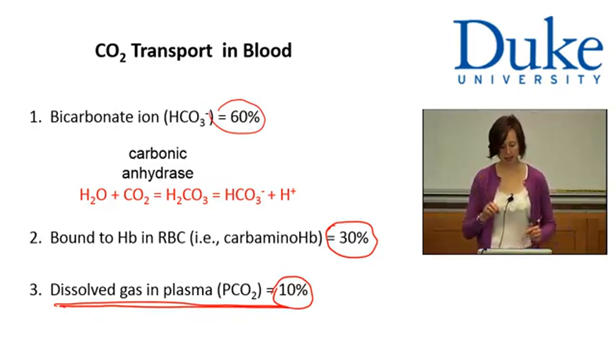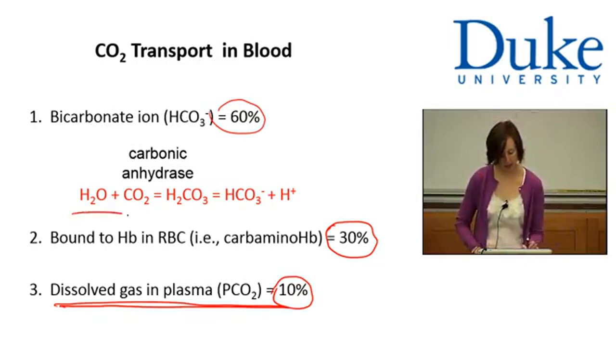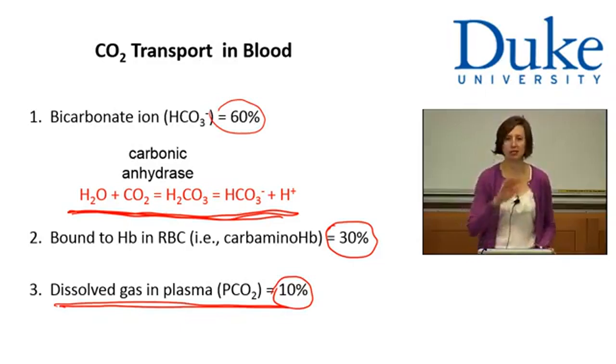And this set of chemical reactions right here is important for you to commit to memory, because we're going to be talking about it for the rest of our time studying the respiratory system, and then we're going to come back to it when we talk about the kidneys and their regulation of acid-base balance.